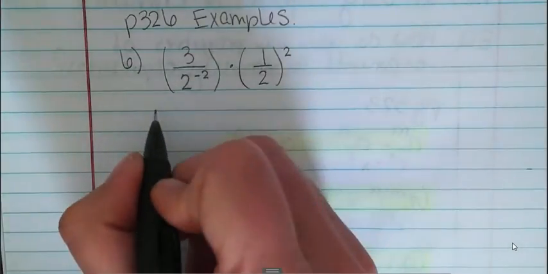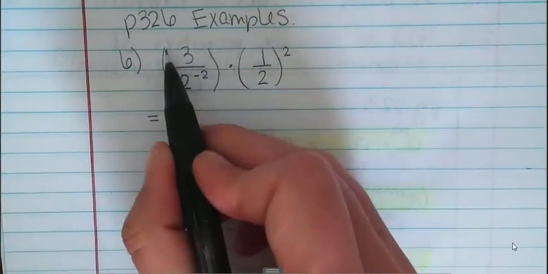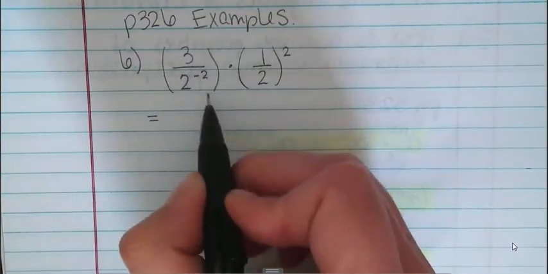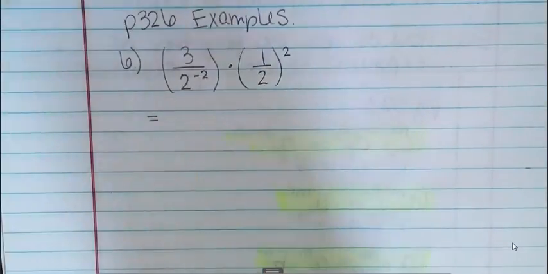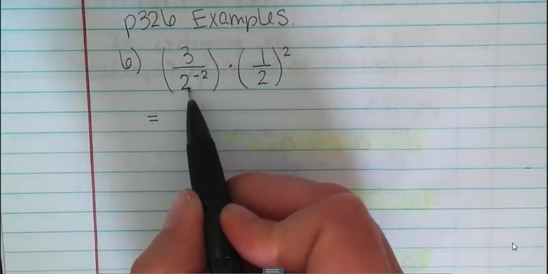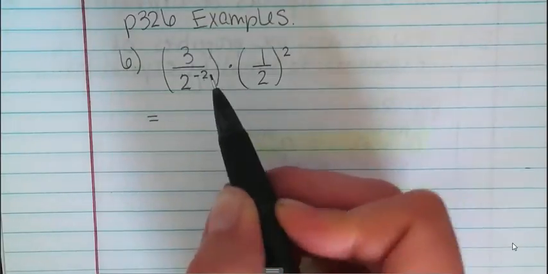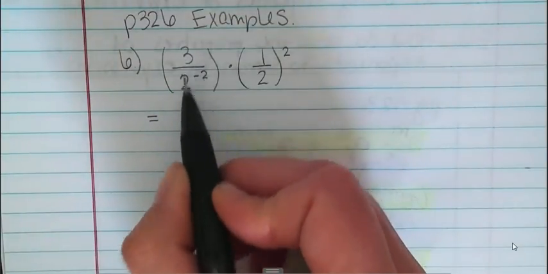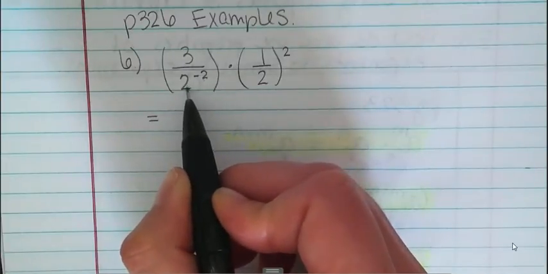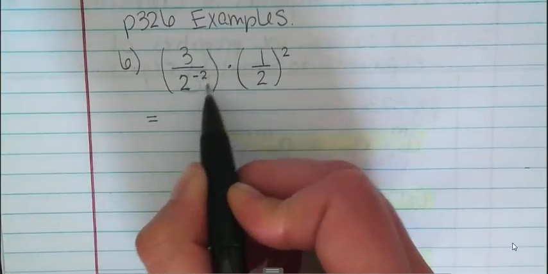So I could break this up, right? Because I don't see that this entire quotient or this entire fraction is raised to the negative 2 power. Really, only the 2 in the bottom is being raised to that negative 2. So that doesn't mean I'm going to take the reciprocal of 3 halves. I'm only going to take the reciprocal of this bottom number here.